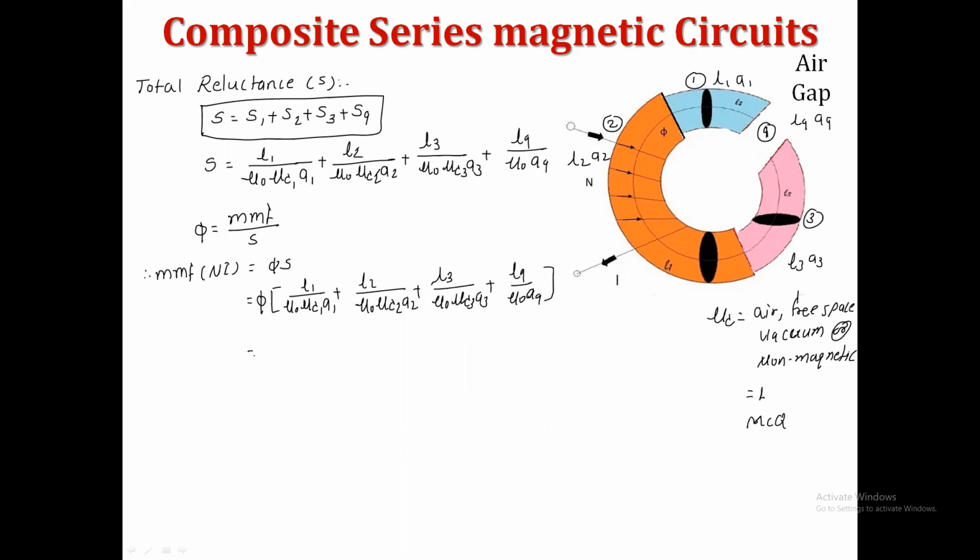Now when I try to multiply the phi in the bracket, I just write it down like that.